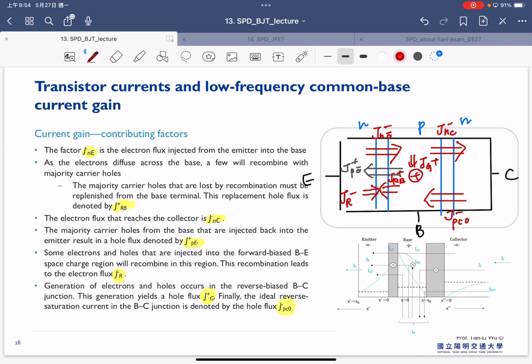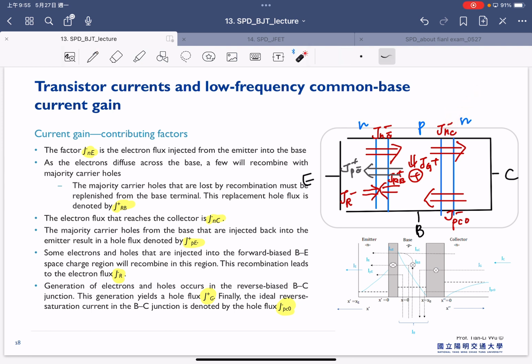And to be honest, from my experience, when I was learning semiconductor devices, I think the BJT part is always the most difficult one, because it combines majority and minority carriers, and when we consider the current contributions inside, it's difficult to imagine the contribution factors in a drawing like this.